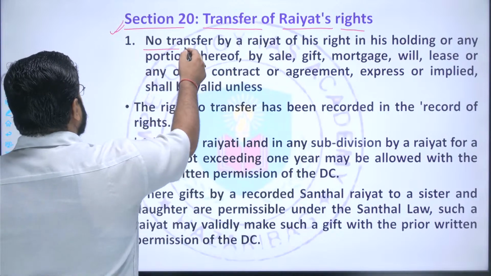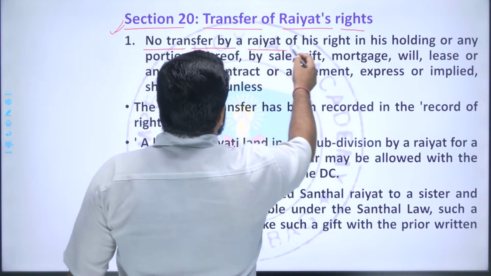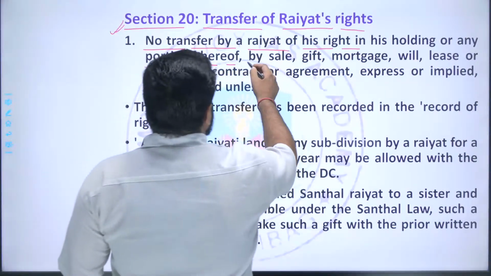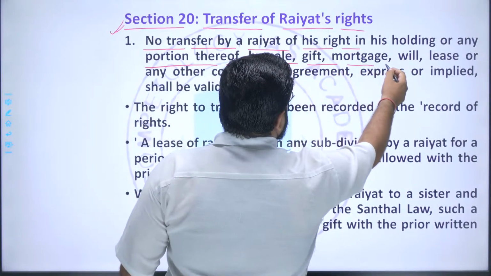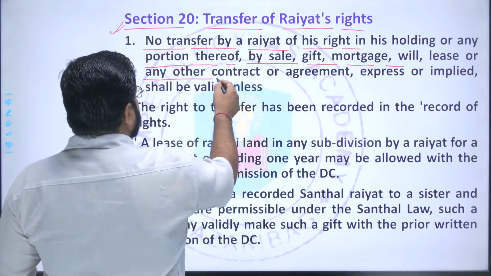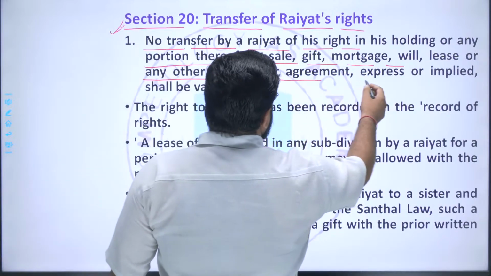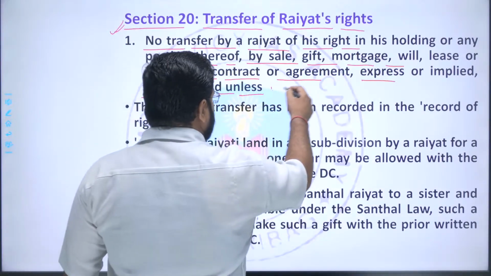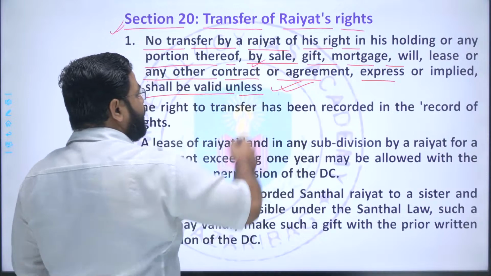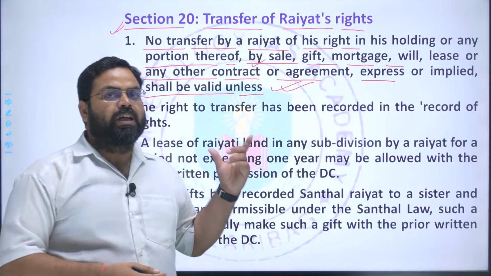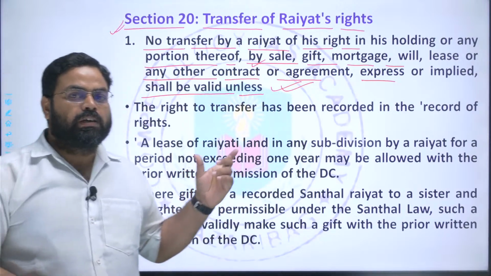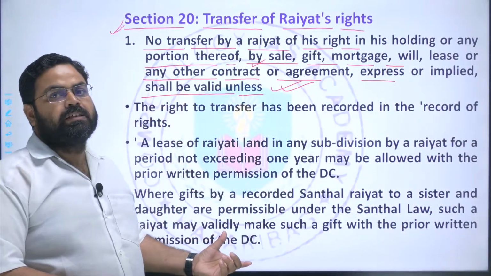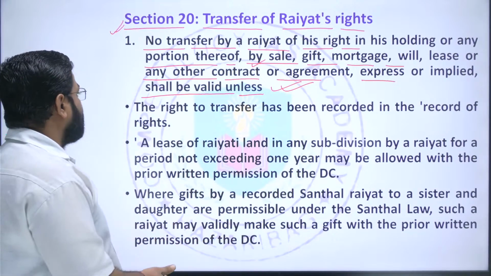Subsection 1 says that no transfer by a rayyat of his right in his holding or any portion thereof by sale, gift, mortgage, will, lease, or any other contract or agreement, express or implied, shall be valid unless. So in any case the transfer of the rayyat's rights will not be valid if these conditions are not fulfilled. So what are the conditions?